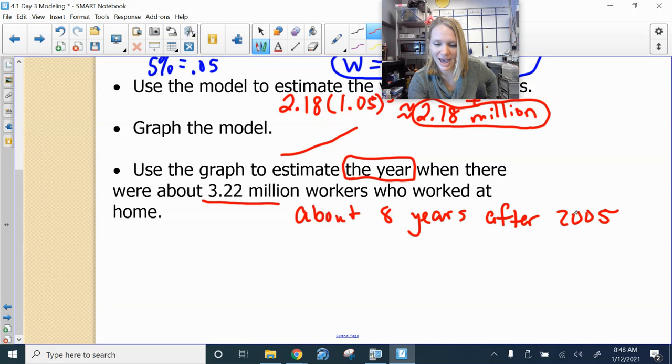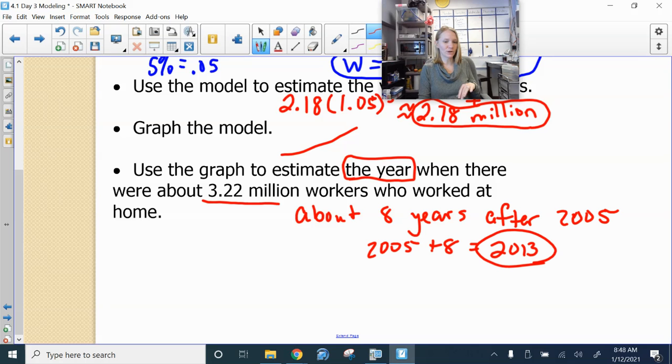We're just adding: 2005 plus 8, the year would be 2013, when about 3.22 million workers worked at home. So this one takes a little bit more. It's not saying just the number you see on the graph, but what do you do with the number? It's paying attention to those little pieces of information.